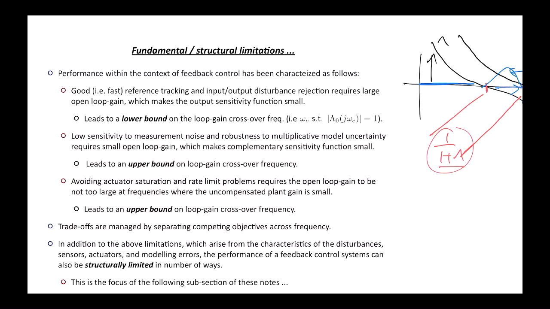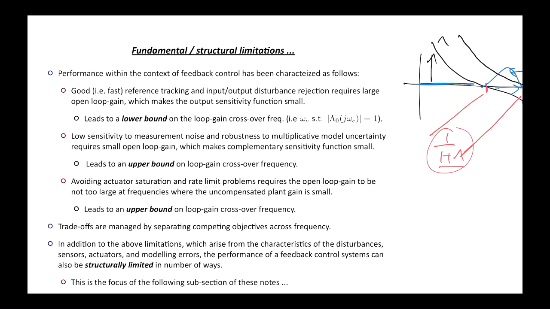Okay, you can make sure that they're separated, for example, by investing more effort in modelling to make sure that the uncertainty in the model is all at frequencies that are much more significant than the reference or the disturbance, okay?